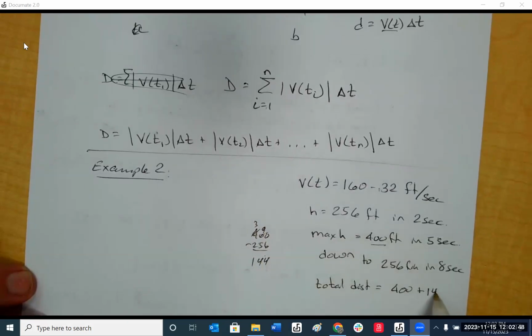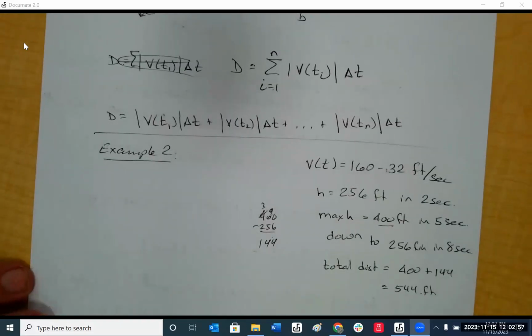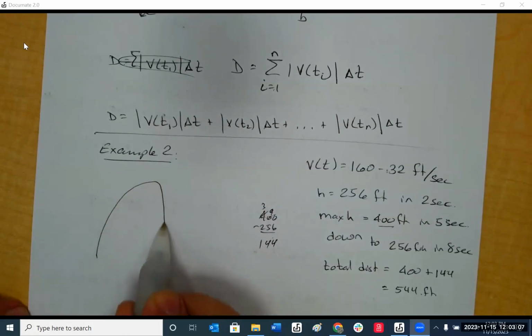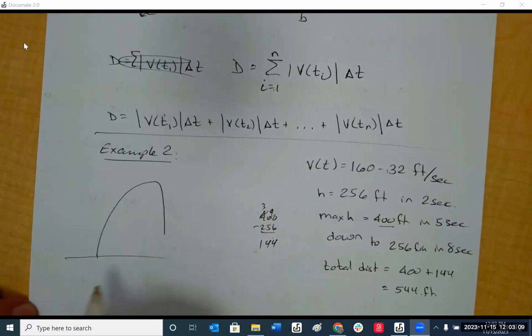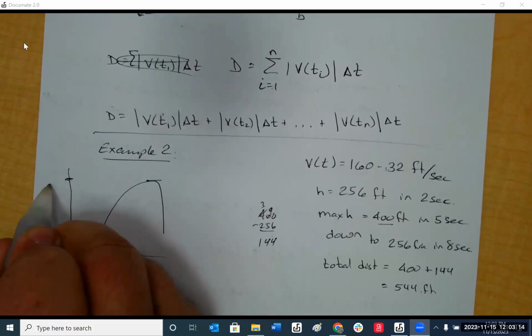So it traveled a total distance of 544 feet. Because remember, it blew up, it launched, it came back down. The maximum height it reached was at 400.